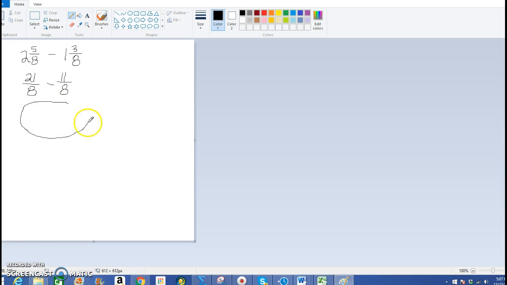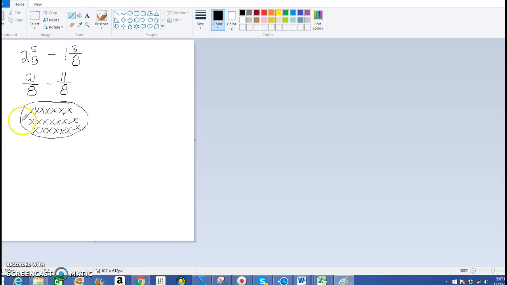So I'm going to do the takeaway approach. Okay, so I'm going to have 21 8s. I think I got it. All right, so I've got 21 8s.